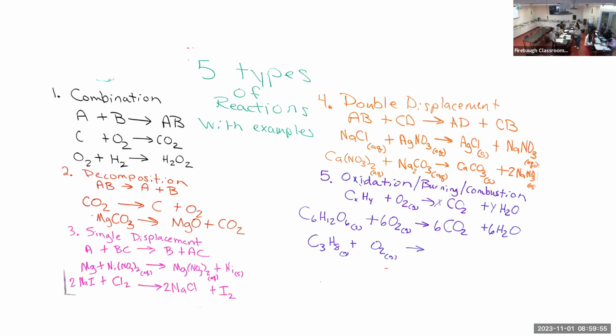Plus CO2 plus H2O. And then you put a 5 in front of the oxygen on the reactant side. And then a 3 in front of the CO2 on the outside. And then a 4 in front of the H2O. Okay.